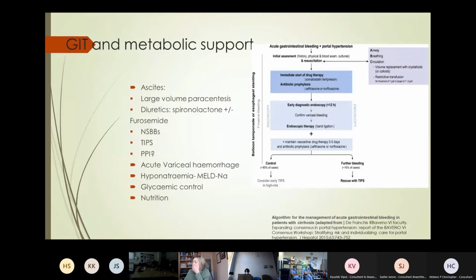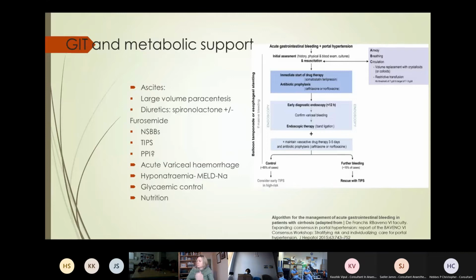Acute variceal hemorrhage, how do you manage it? It's the ABC as discussed. The first thing you want to do when you get a patient who has acute variceal hemorrhage is give terlipressin, somatostatin, or octreotide. Give antibiotic prophylaxis. Then, if the patient goes for therapy, it means that the risk of bleeding once the terlipressin has been given is less.